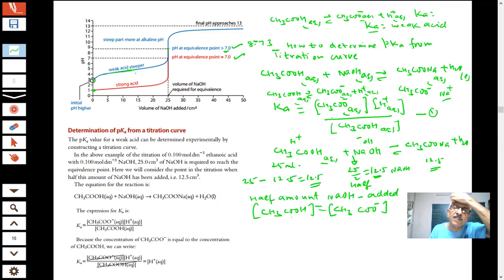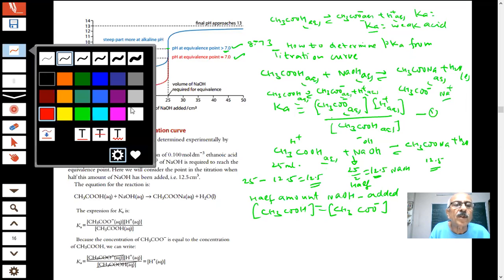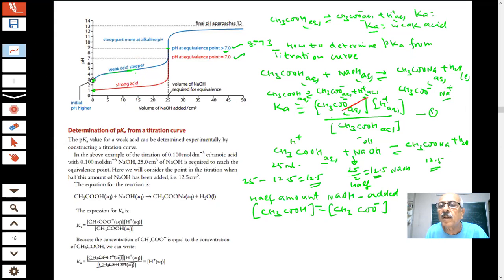Half of this is going to form this. Half is now left. That means in this Ka, at this point, I can say, important thing, note down, this is equal to this. This cancels out.